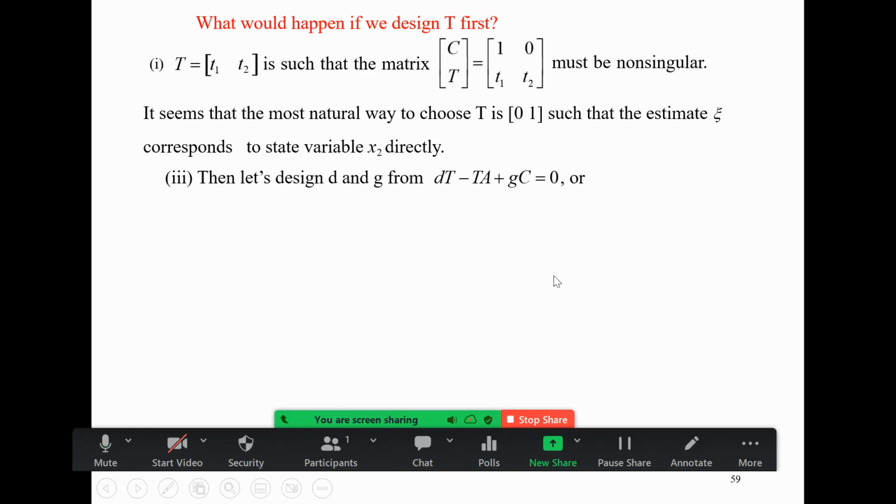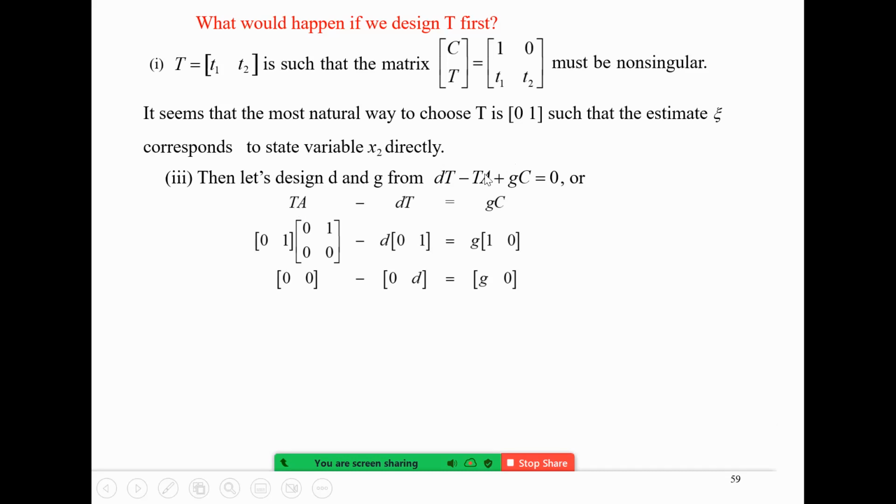Now, let's design D and G from this equation. Now we plug it in. So rewrite this equation as TA minus DT equals GC. Now this T is already fixed, 0, 1. A is given, 0, 1, 0. D, we can design. T is 0, 1, and G times C is G, 0. So on the left side, this one times this, we get 0, this one also is 0, 0 minus D. Put it in, we get 0, -D here equals G, 0.